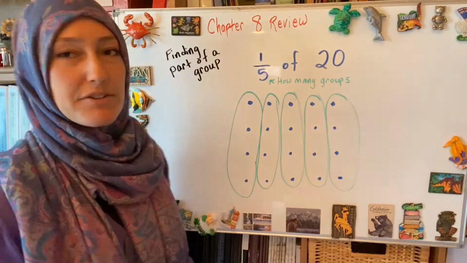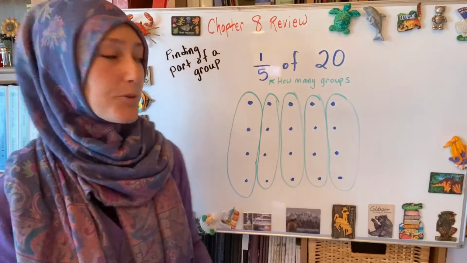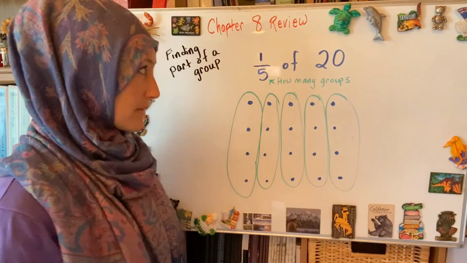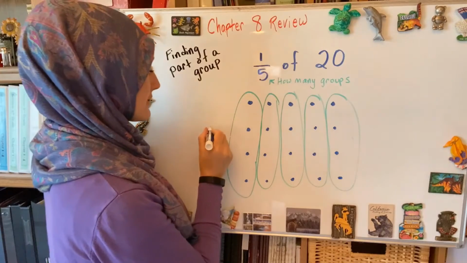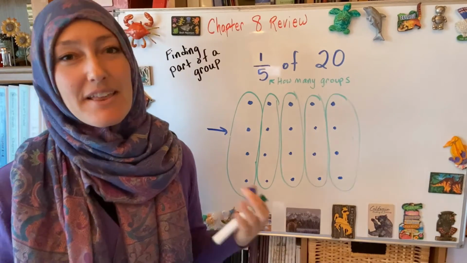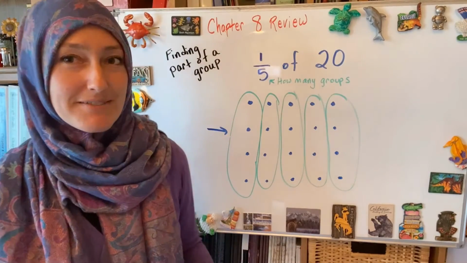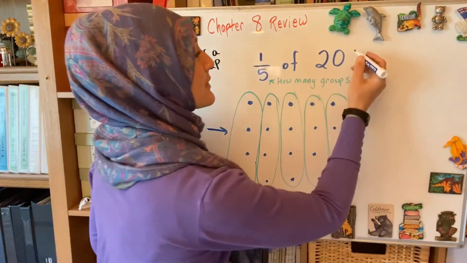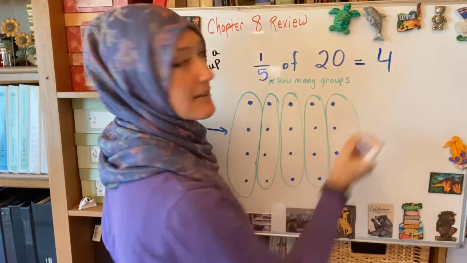My 1 out of 5 means I'm talking about 1 out of those 5 groups. I want one of them, so that is just one group. And how many are in that one group? There's 1, 2, 3, 4. There are 4 pieces of candy. So 1/5 of 20 is 4.